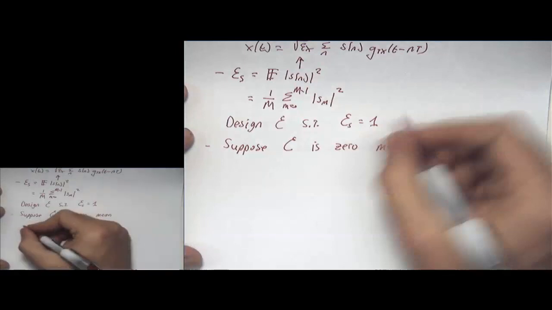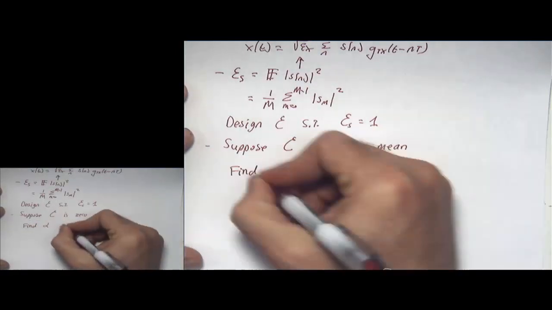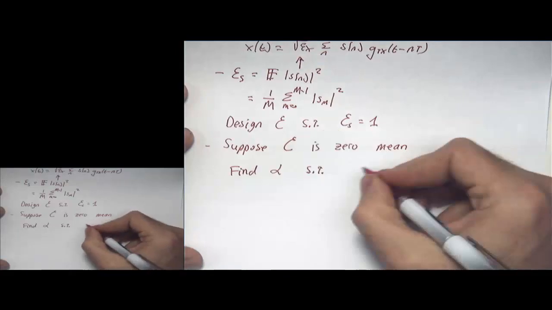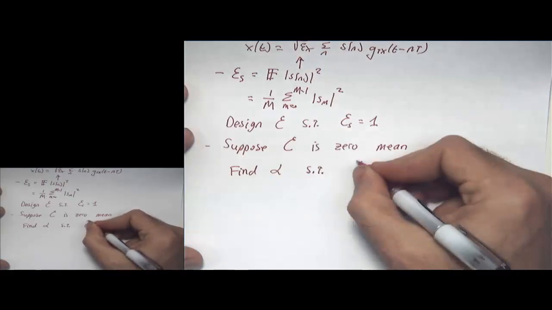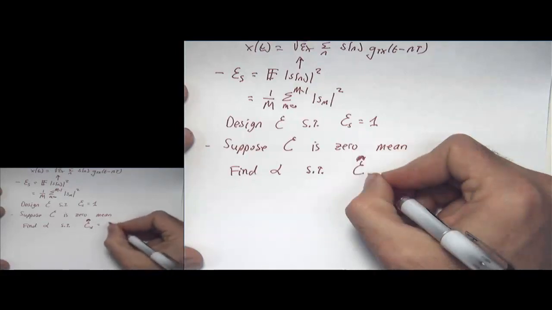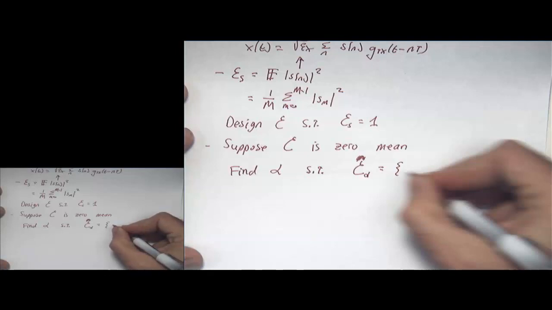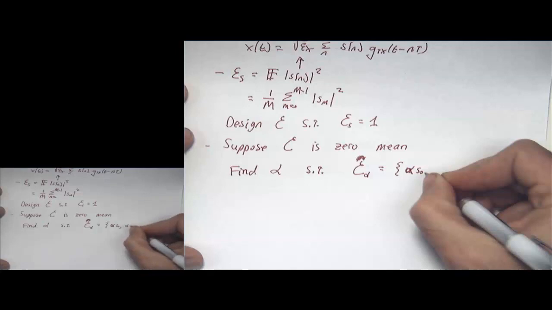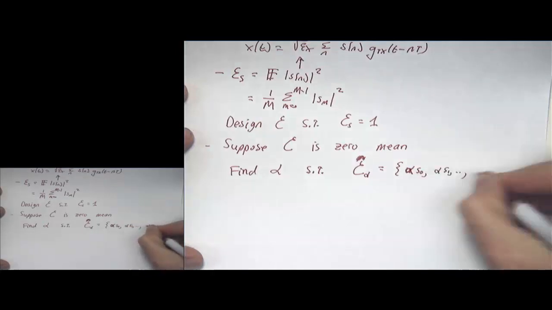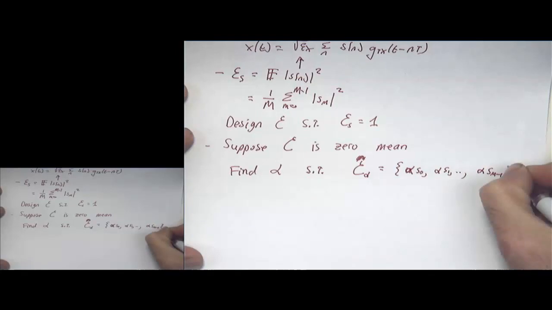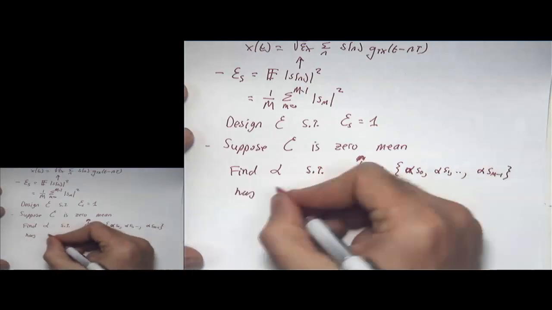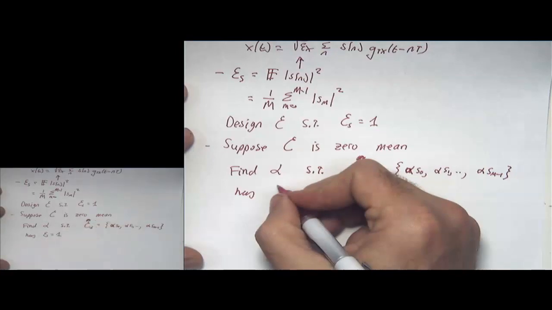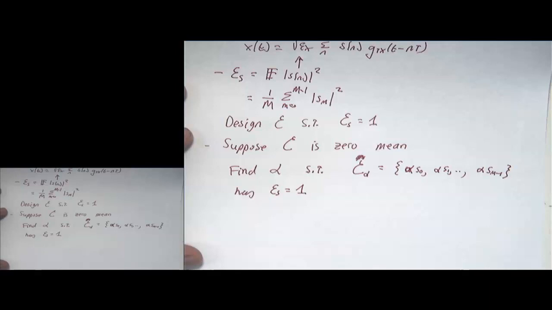What we want to do is find an alpha such that this modified constellation, let me call it C hat, actually, I think in the book I use C sub alpha, so I'll call it that here, where I take each constellation symbol and multiply it by alpha. And we want to make sure that this resulting constellation has unit energy. So we want to pick the alpha as appropriate here.